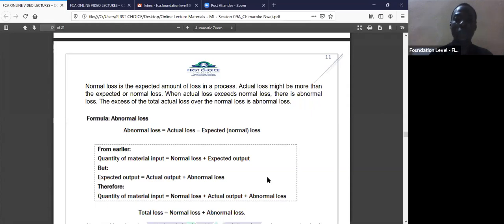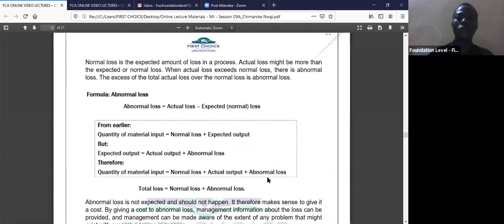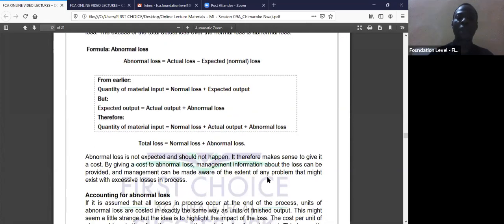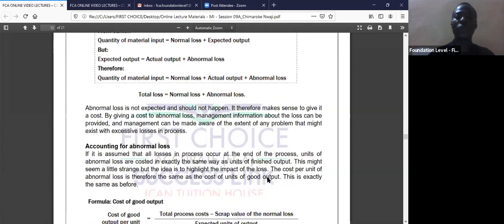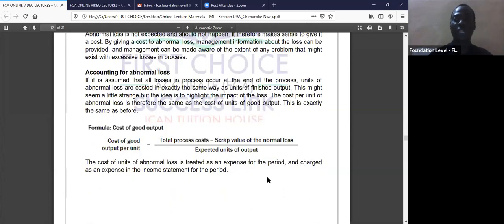And because you did not plan for it, you are not going to treat it like you treated normal loss. And I said, how will you know you have an abnormal loss? One way to know is that your expected output will be more than your actual output. So because your actual output is smaller than your expected output, it means something is fishy.